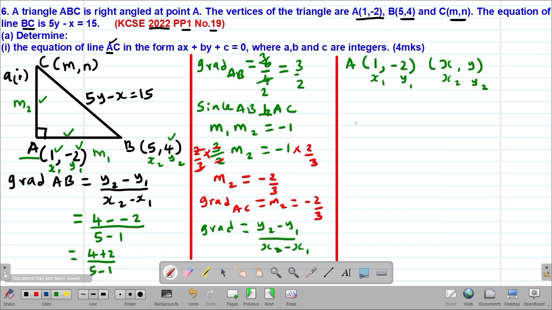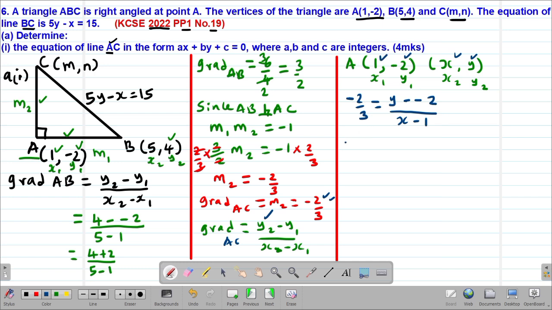Now when I substitute, the gradient of the line AC, which is m2, is negative 2 over 3. So this should be equal to y2, which is y, minus y1, which is negative 2, so minus negative 2, divided by x2, which is x, minus x1, which is 1.